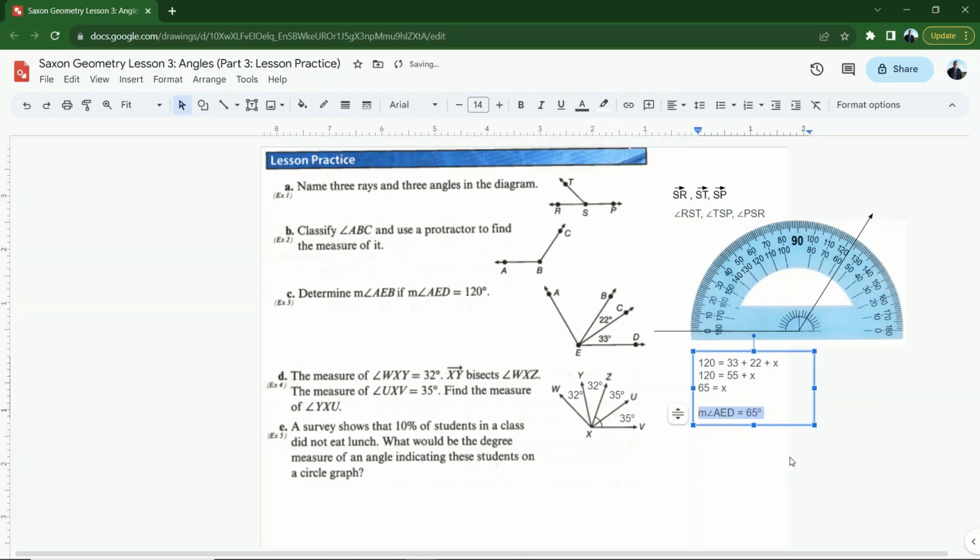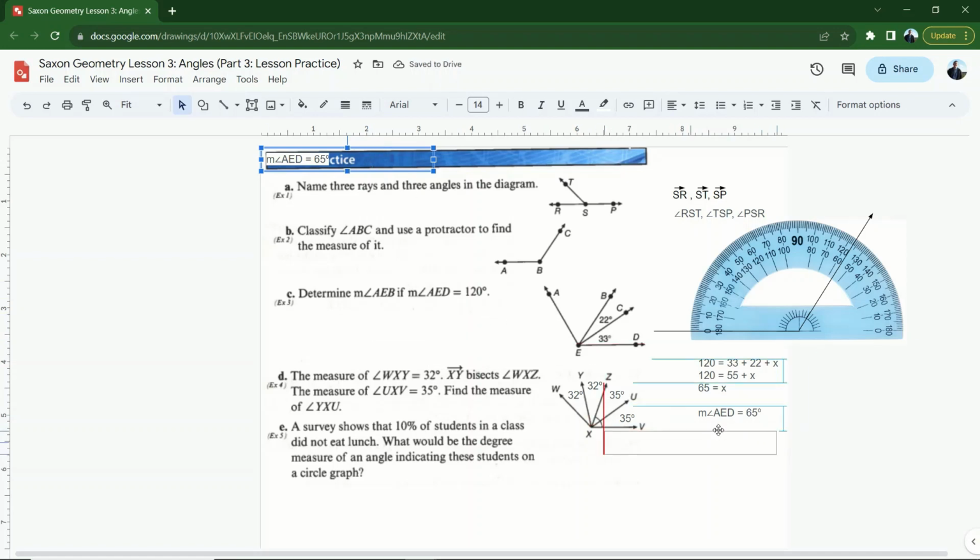Well, let's see here. I'm just going to go ahead and write this the correct way. The measure of angle YXU equals, in this case, 35 plus 32, because it's both of these small angles. So 35 degrees plus 32 degrees.